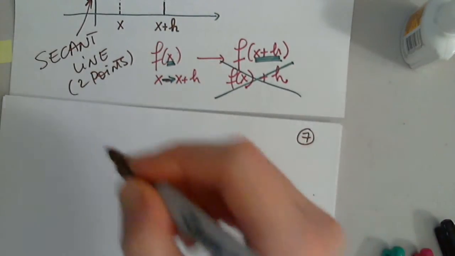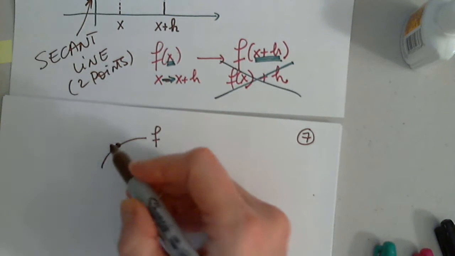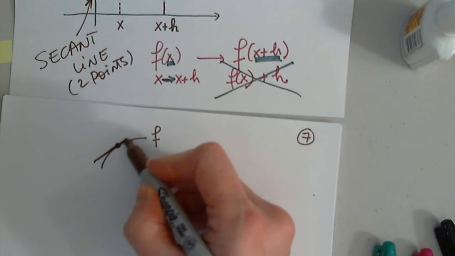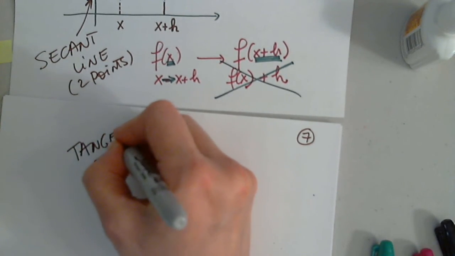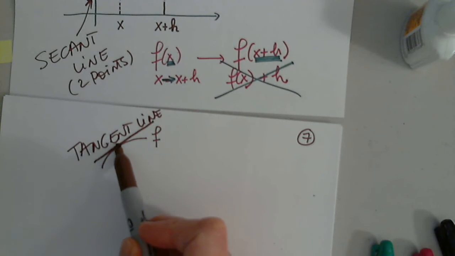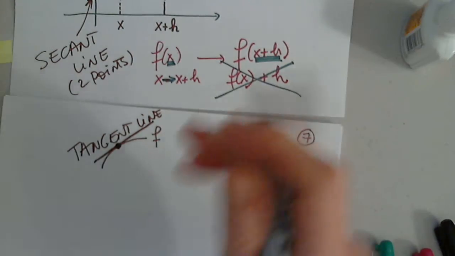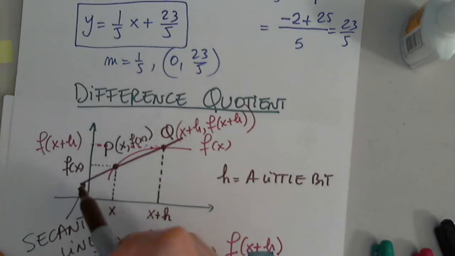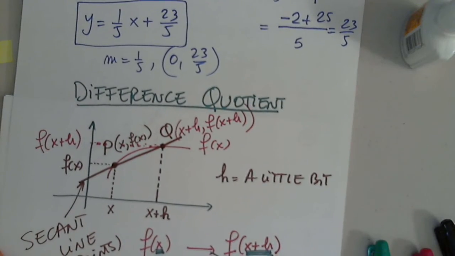I'll come back to my graph in a moment. If this is the function, here, this is a tangent line. It does not cross the graph. It only has one common point with the graph. This is the secant line passing through 2 points.